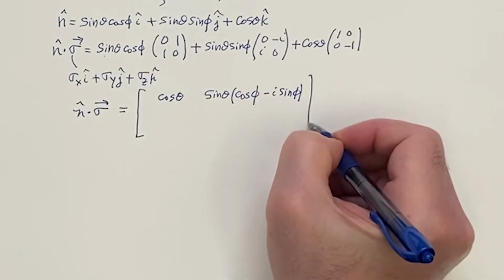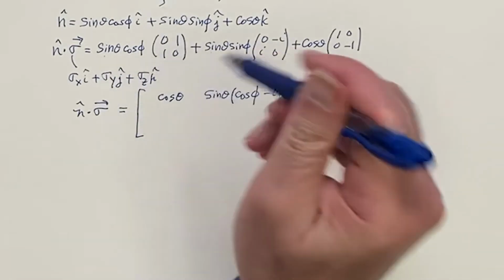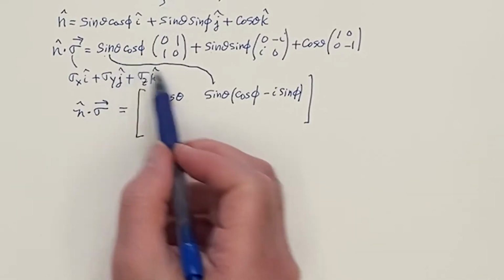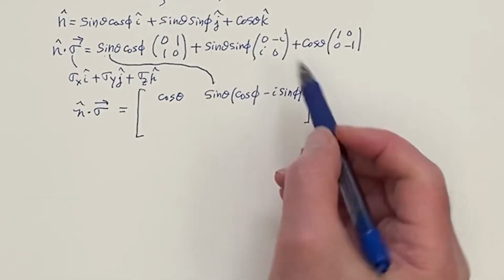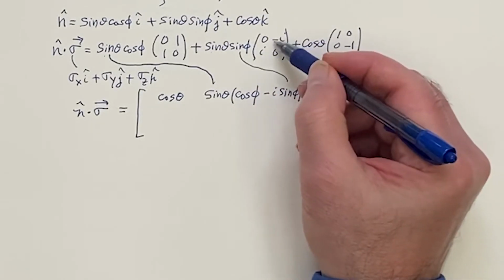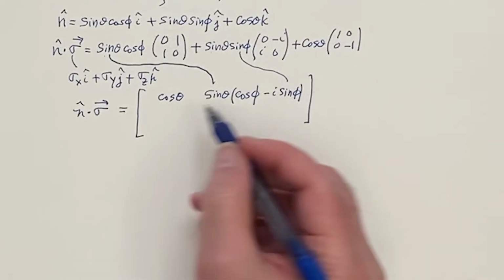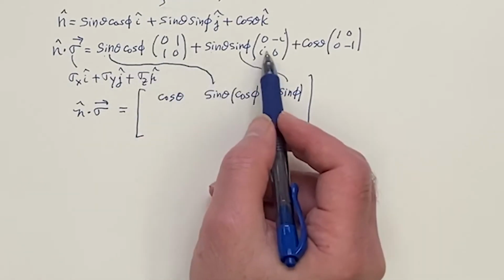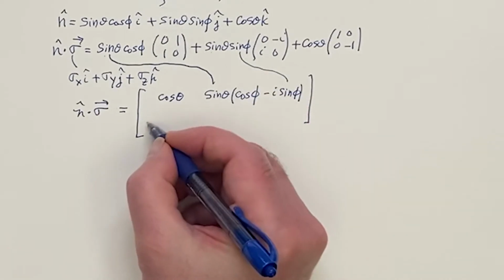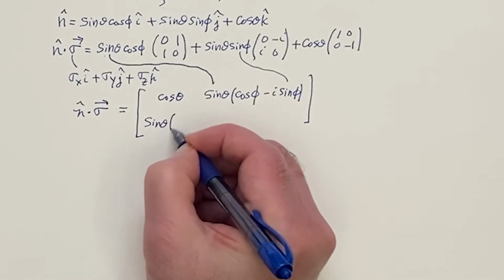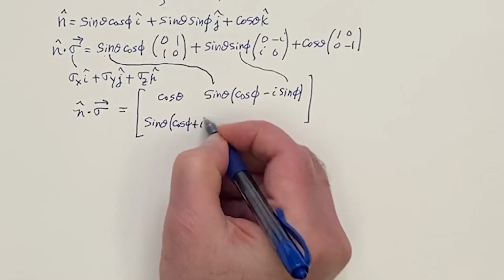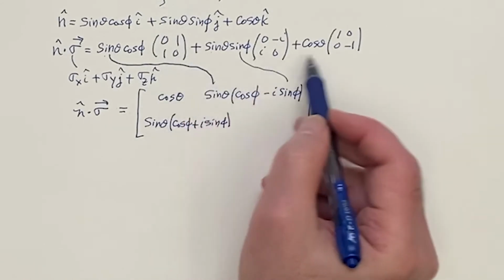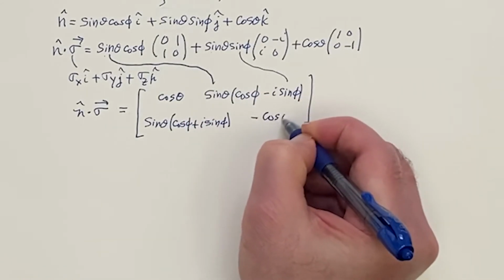So the sine is there, the cosine is here, and the sine is there with the minus i that goes with it. The next one down is the similar trick, but with a plus i. Same thing down here, but it's a plus i. And then down in the lower right is a minus cosine of theta.